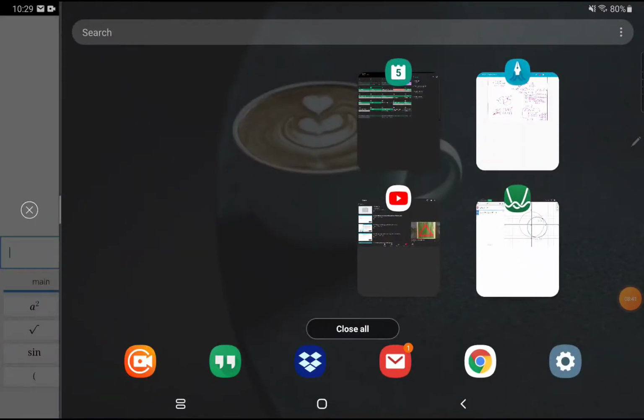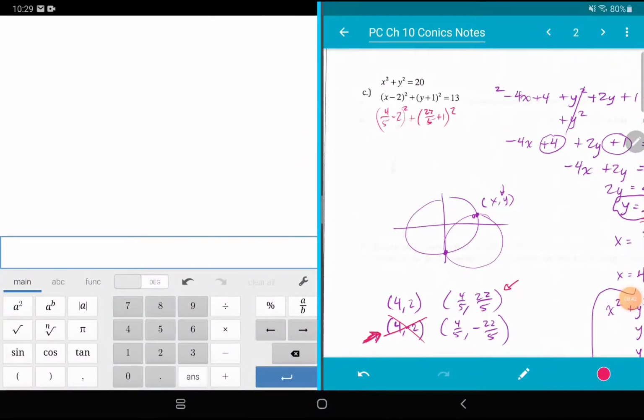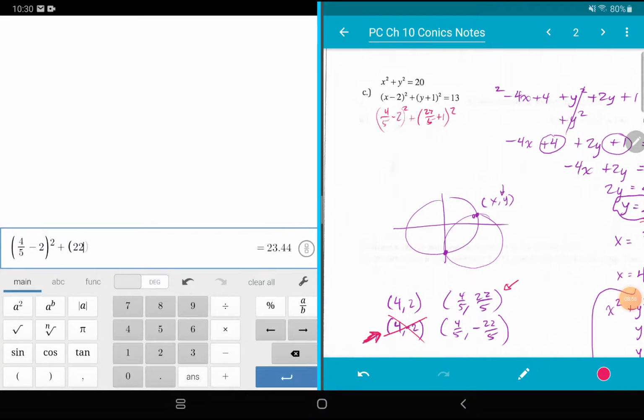So we take 4/5, minus 2, and square it. Then we add that to 22 over 5 plus 1, squared. Oh, we get 30.6. That is definitely not 13. So because it's not 13, that's not our answer either.